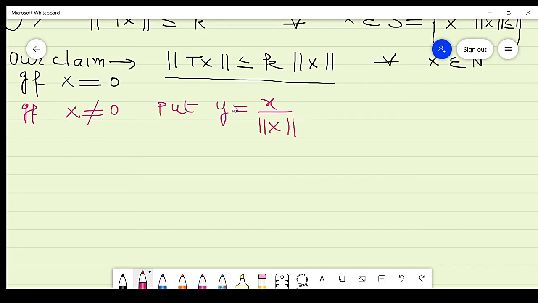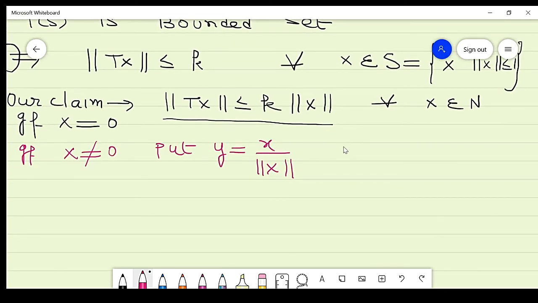Why do I take this? I take y because my purpose is to prove its norm is 1. If its norm is 1, then it belongs to S. If it belongs to S, then it will satisfy this condition, right?